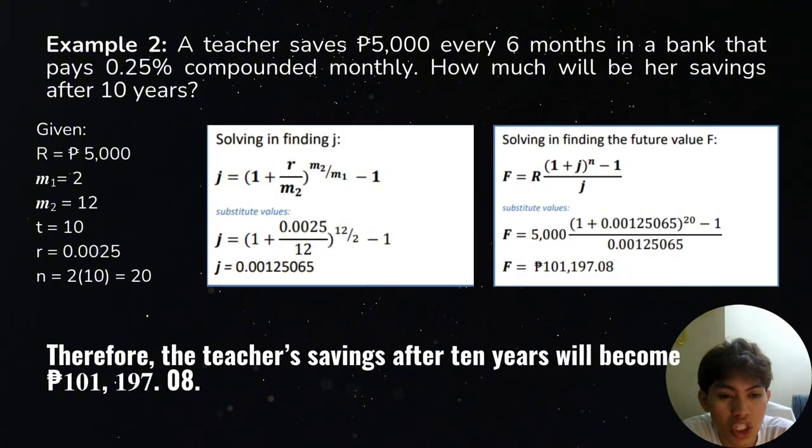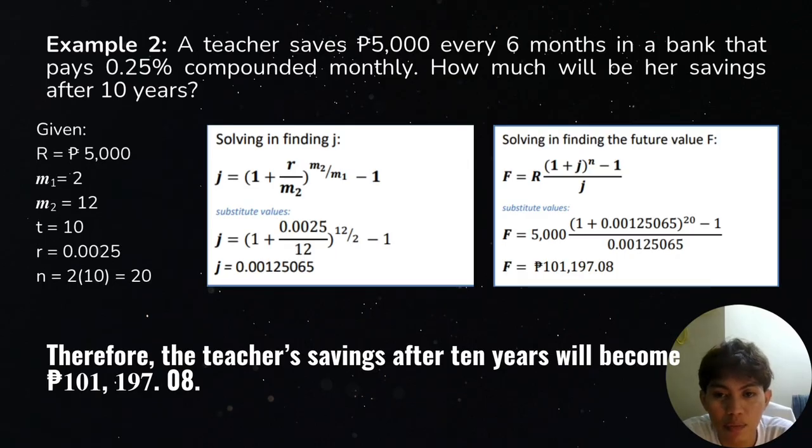Since the teacher wants to deposit 5,000 pesos every 6 months, and there are 12 months, we just divide 12 months by 6. So now our m sub 1 will become 2, since the teacher wants to save 5,000 pesos semi-annually.